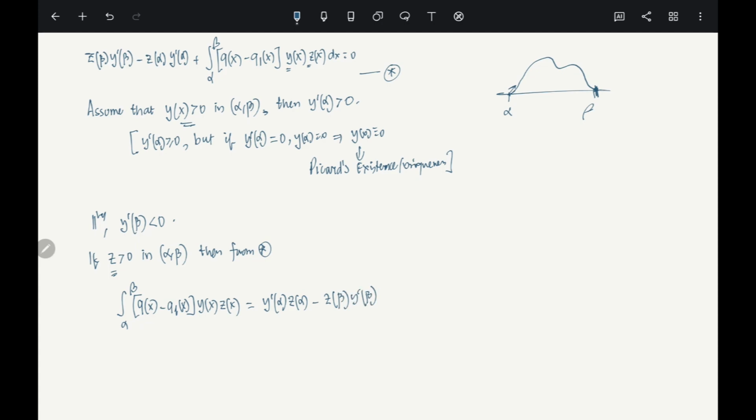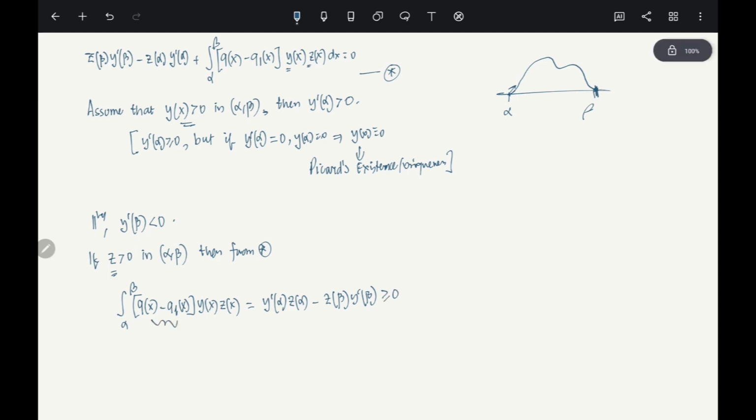Okay, this is the case, and this y prime at the point alpha, as I already explained, is greater than or equal to 0. This is greater than or equal to 0.